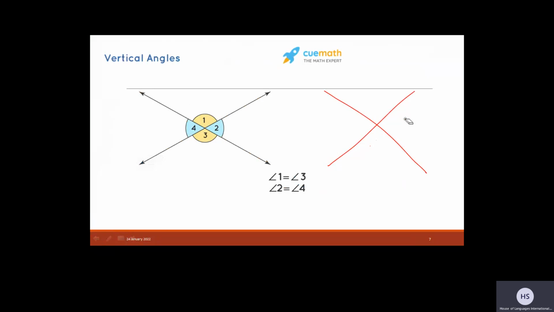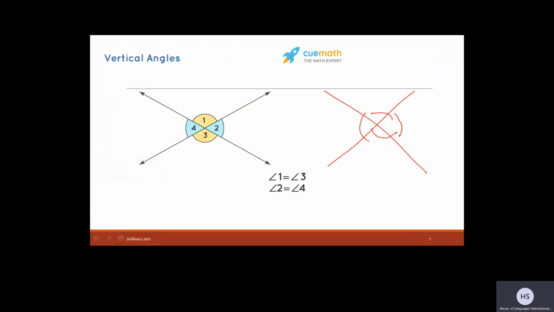Yes, what is the angle? When you have two lines that are intersecting at a point, it forms an angle. So these two lines form an angle, these two lines form an angle, and this is an angle, and this is an angle.